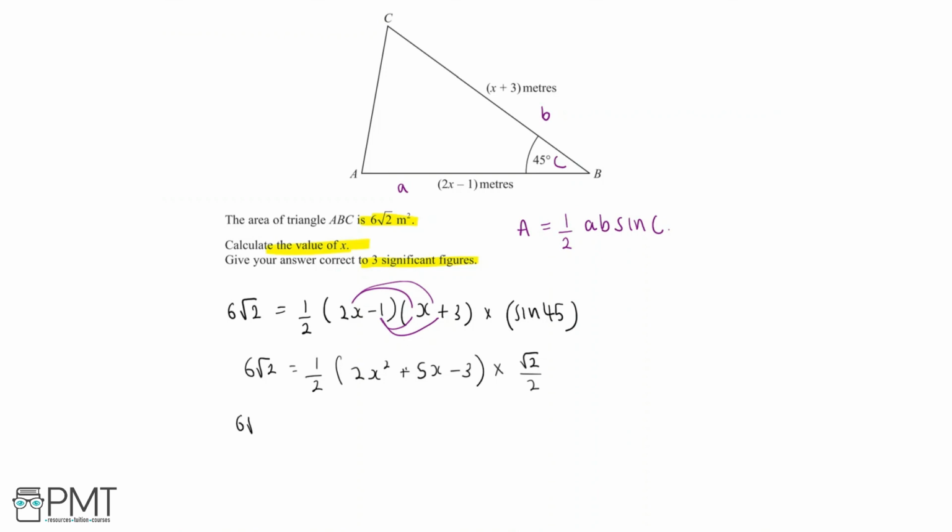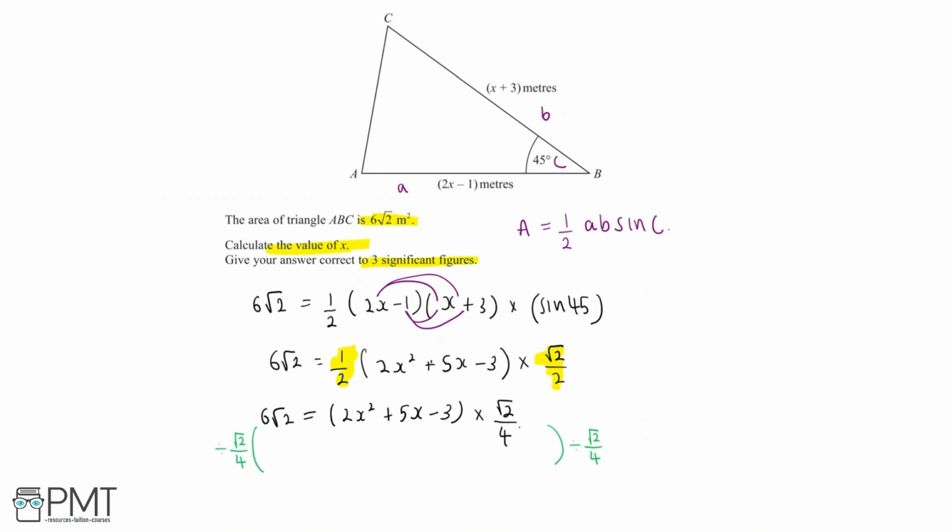Now we can simplify this again, and say 6 root 2 equals 2x squared plus 5x minus 3, all multiplied by a half multiplied by root 2 over 2, which will give us root 2 over 4. Now dividing both sides by root 2 over 4.